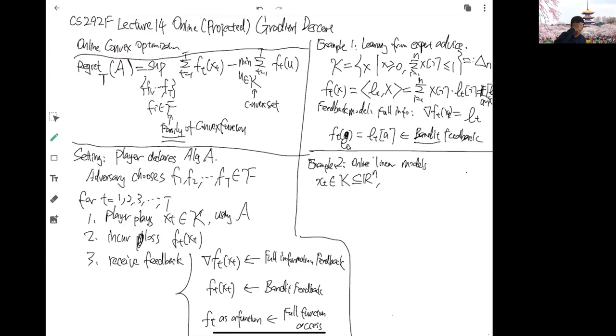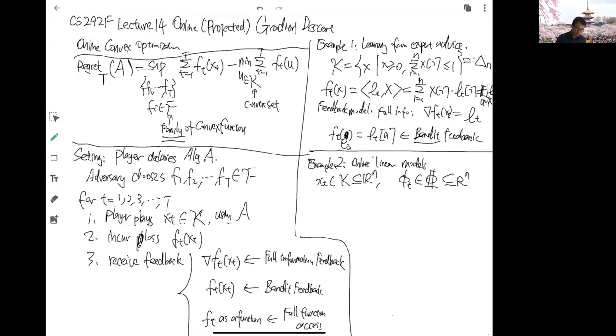At every time step, you pick one particular coefficient vector and use it to do prediction. And then the feature that you observe in every iteration is, say, phi t, which is also a subset of R to the n. This feature can be used to measure the situation right now, or the personalized information about the patient before the doctor decides which treatment to use.